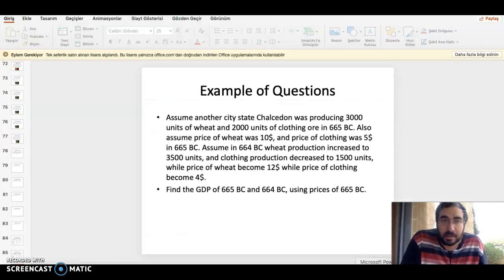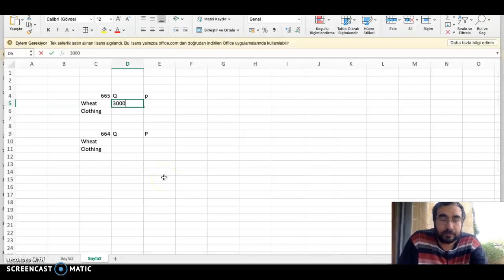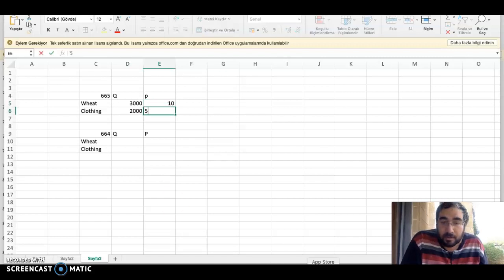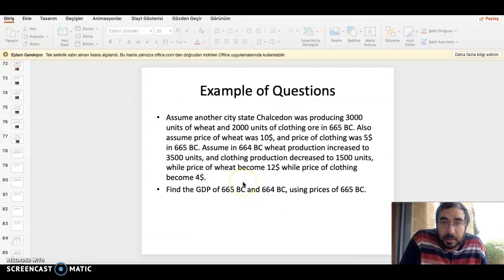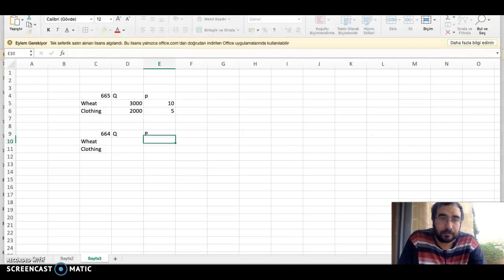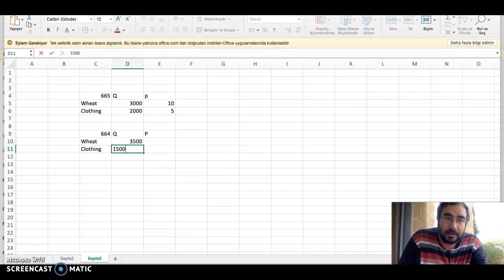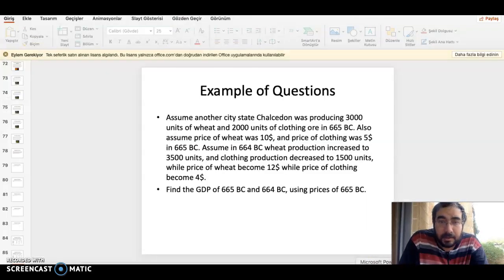So the quantities are 3,000, 2,000, and the prices 10, 5. Yes, and then 3,500 and 1,500, and the prices are 12 and 4.